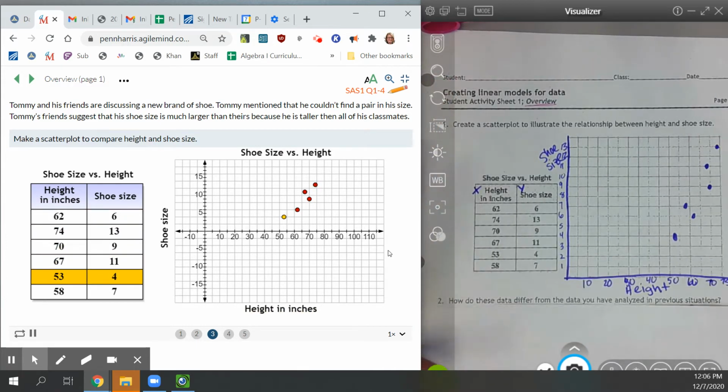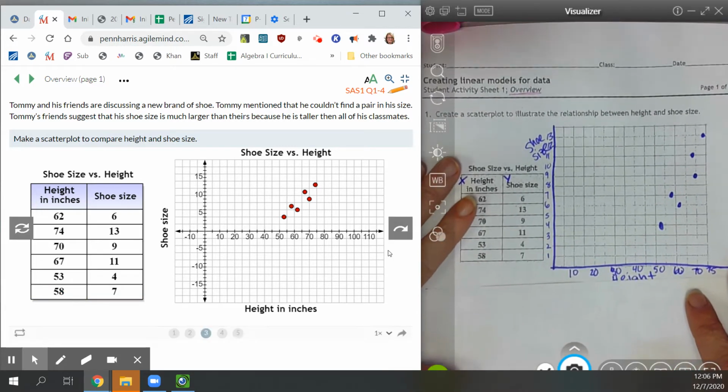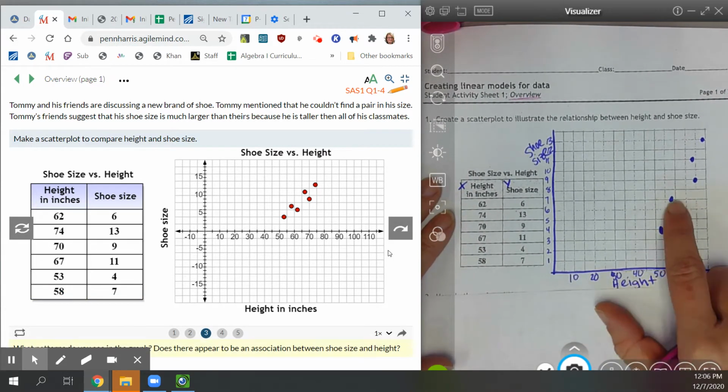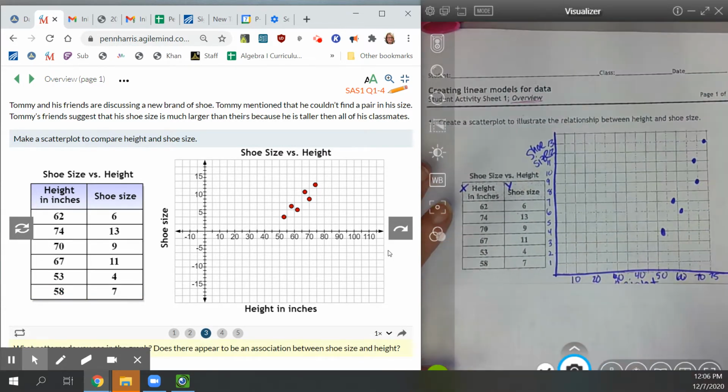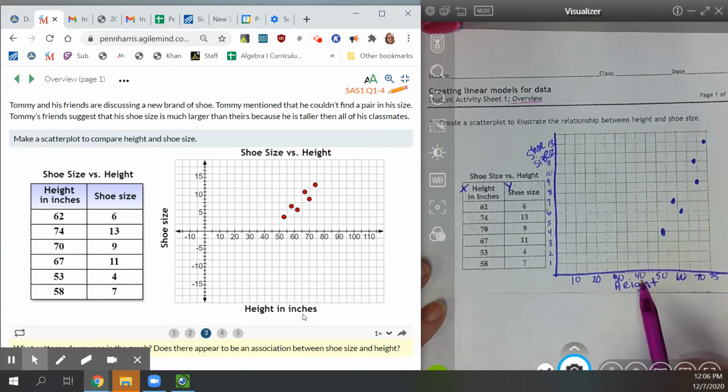So that's the same thing that I did here. Mine looks a little bit different than theirs because my scale is different, but it has the same amount of information.